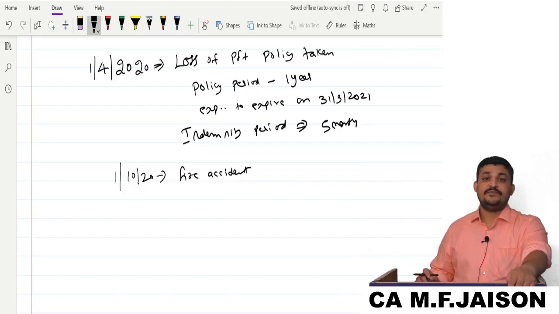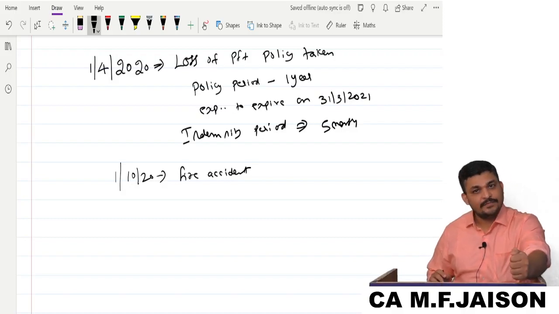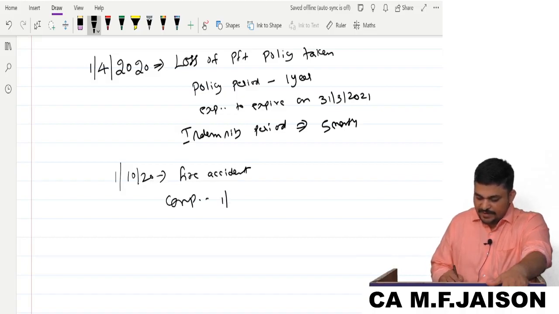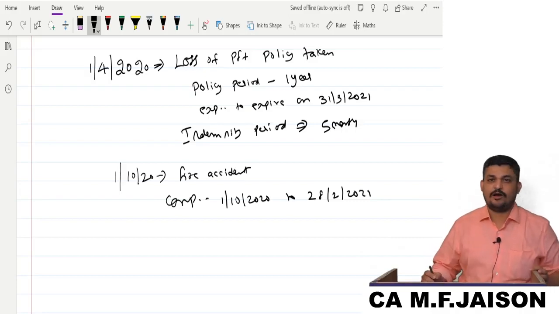It will be for a period of 5 months: October, November, December, January, February. Only 5 months. So this compensation will be 1/10/2020 to 28/2/2021. That is 5 months. Like that, you should understand the compensation.